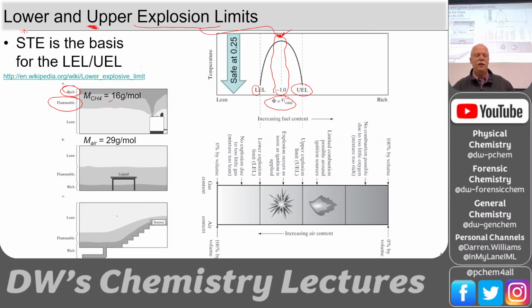If you have a solvent and it's heavier than air, then you might have a rich region that's along the floor, a flammable region, and then a lean region. So you may be standing here, you're working in the garage, maybe you're refinishing something, stripping the paint, and all of that solvent vapor is collecting around the floor, and you don't really smell it because it's a heavy vapor.